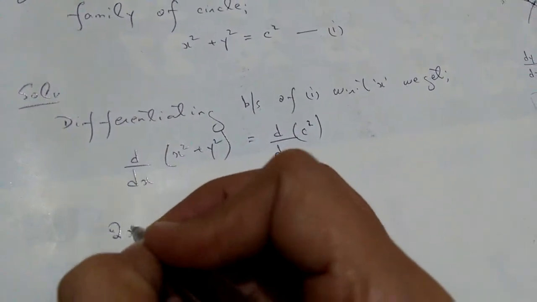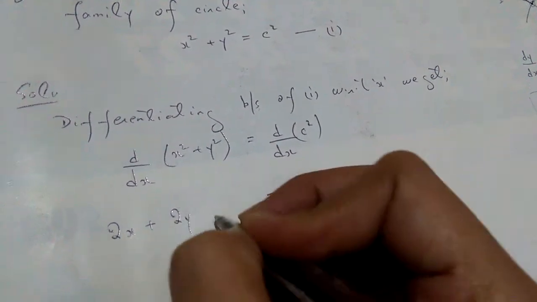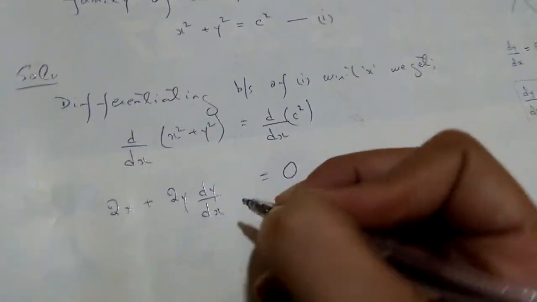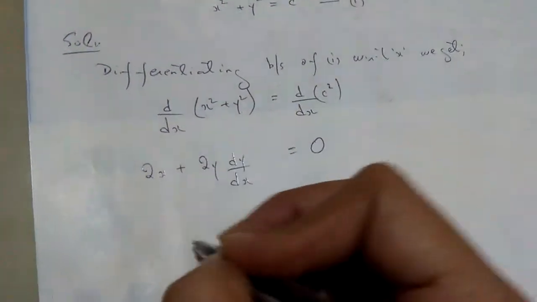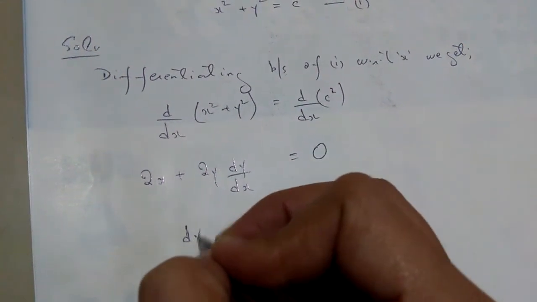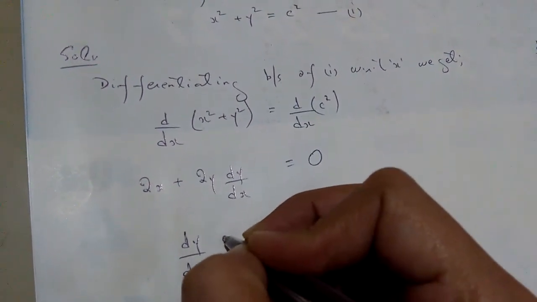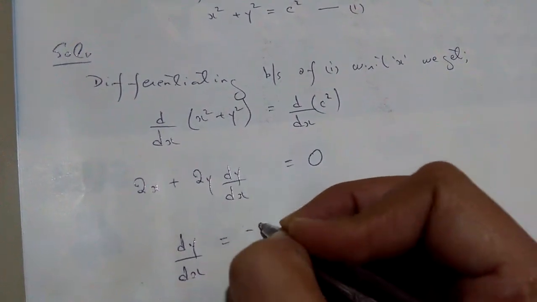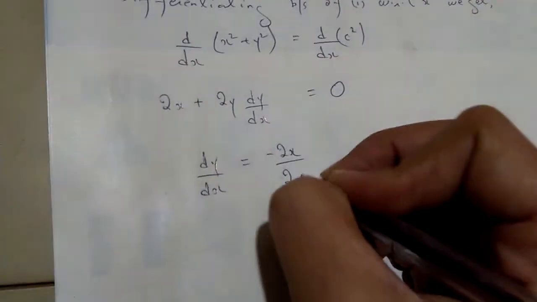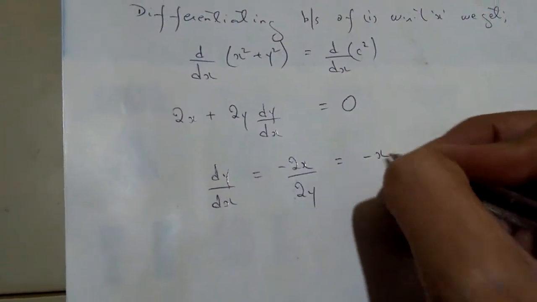So this is 2x plus 2y dy by dx. On simplifying, we come to know that dy by dx is equal to minus 2x upon 2y, which is minus x upon y.